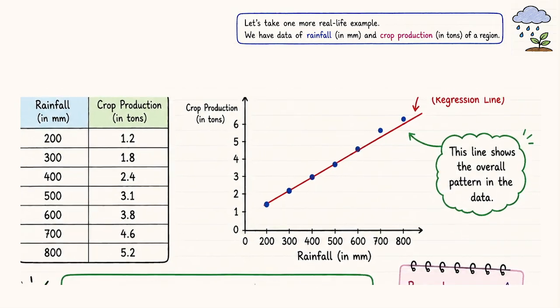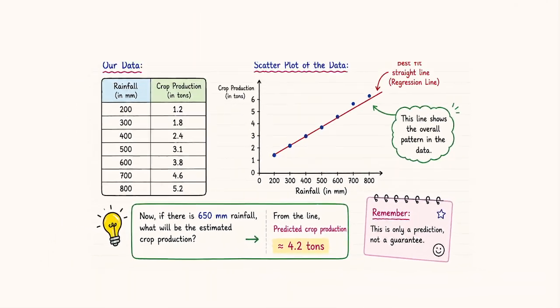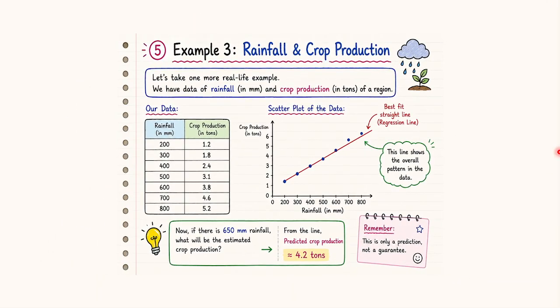And now suppose we give a new input like 650 millimeters of rainfall. Then based on the learned relationship, suppose the model predicts that the crop production could be around 4.2 tons. So again, this is a prediction, it is not a fixed value. So this is all about rainfall and crop production example.